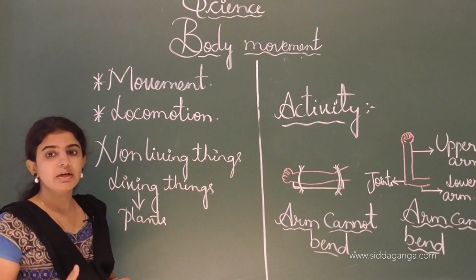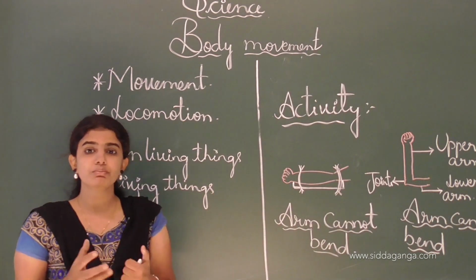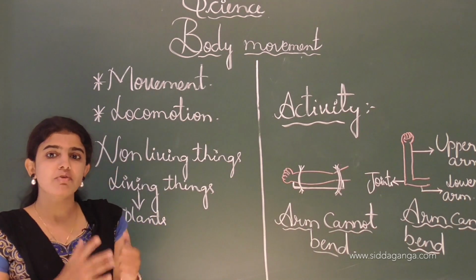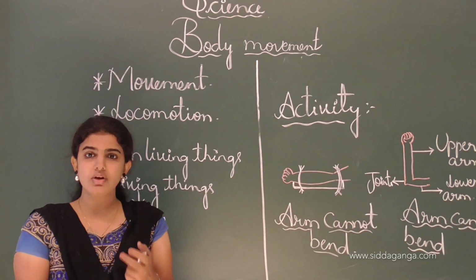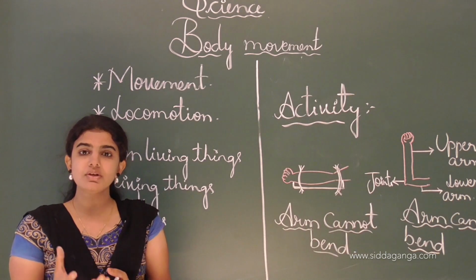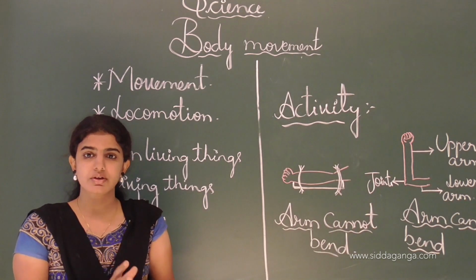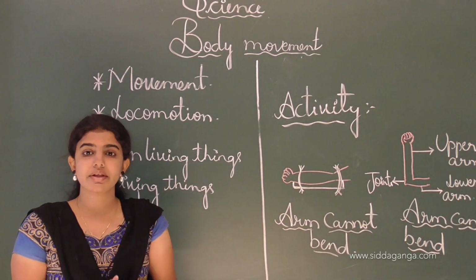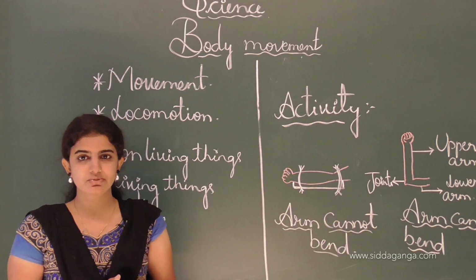For example, in the previous class I told you about the shoot system moving towards light. Whenever light falls on the shoot system, it turns towards the light, and there movement takes place.